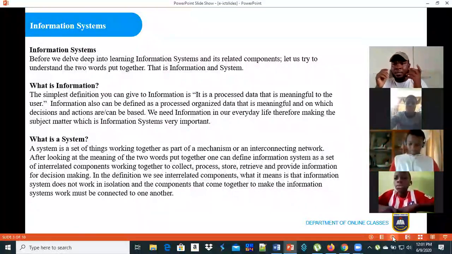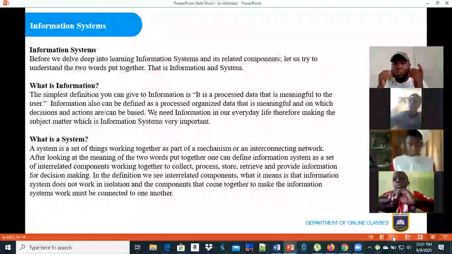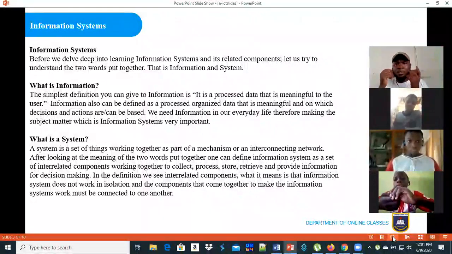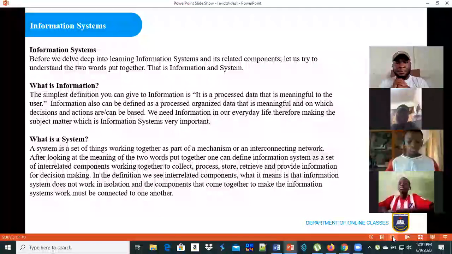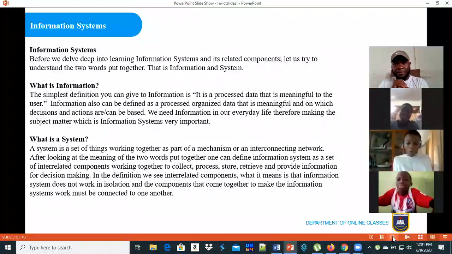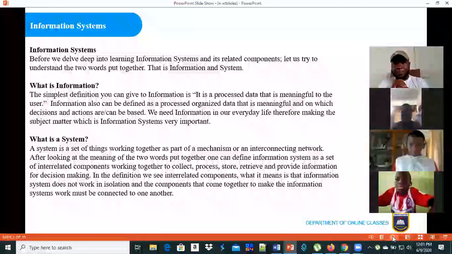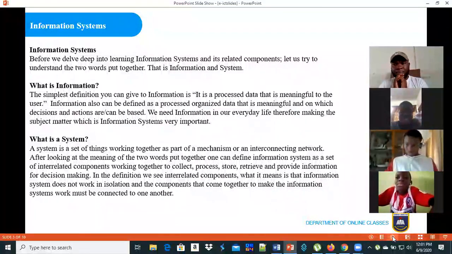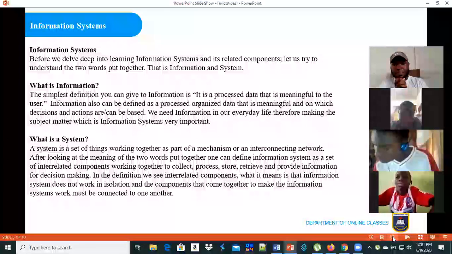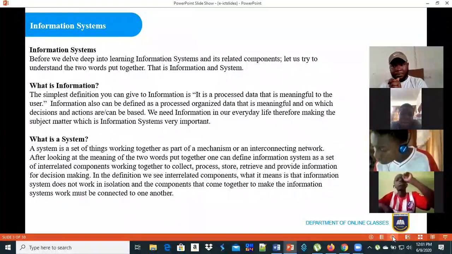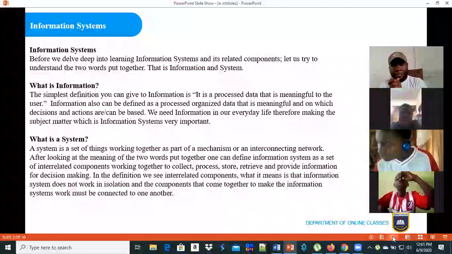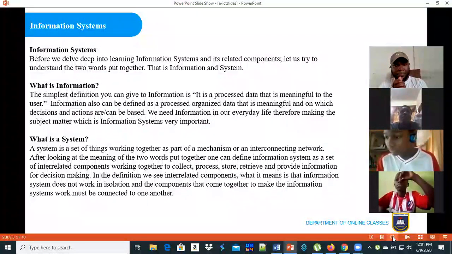I want you to come up with your own. Let me know how you understand information systems. So when you talk about information systems, how do you understand it? What comes to your head? How do you get it? Richard, how do you understand it?